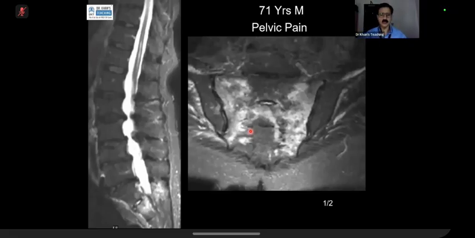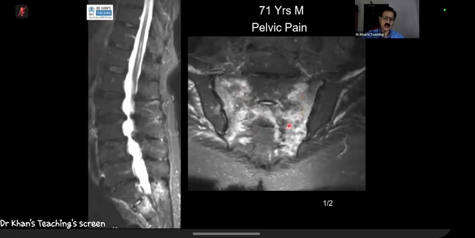Insufficiency fracture, H shape. So what is your diagnosis? Osteoporosis. Yeah. So this is a STIR sequence, where bone marrow edema can be seen in the sacrum.